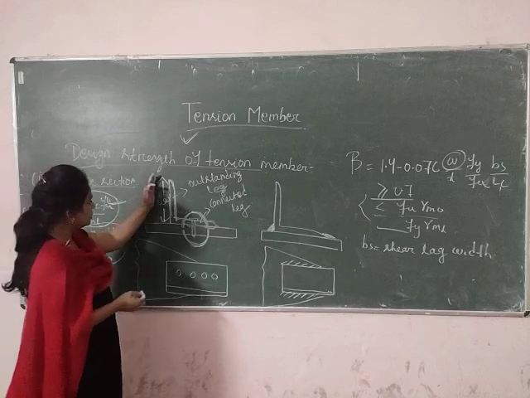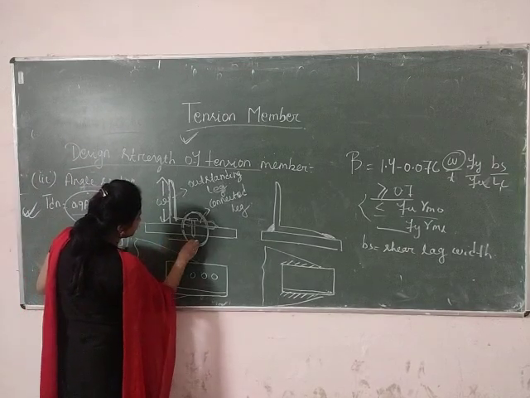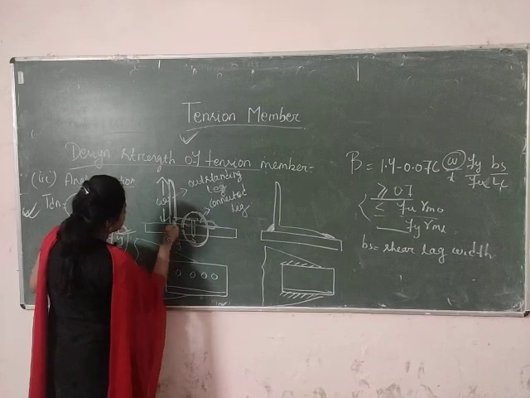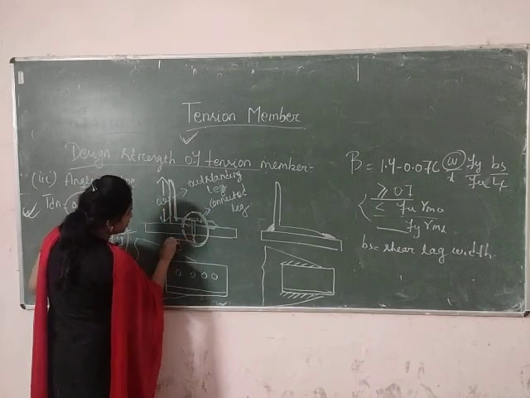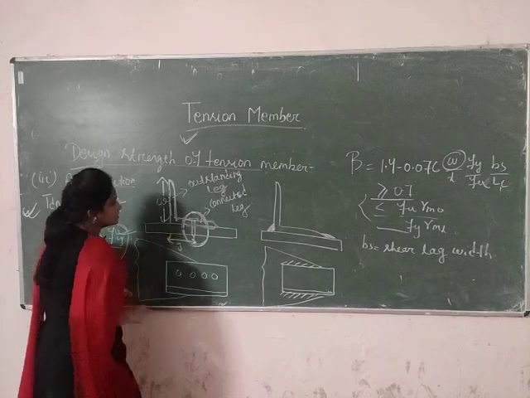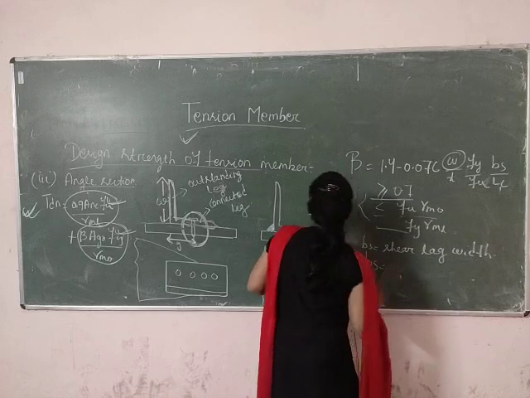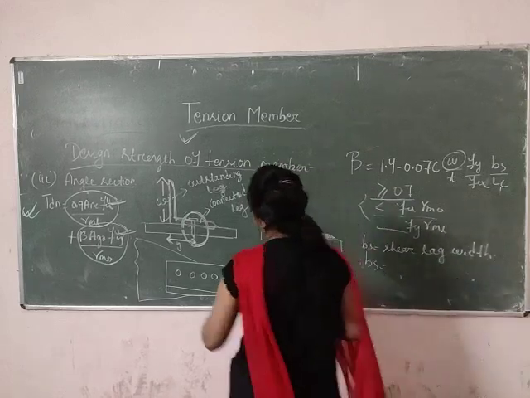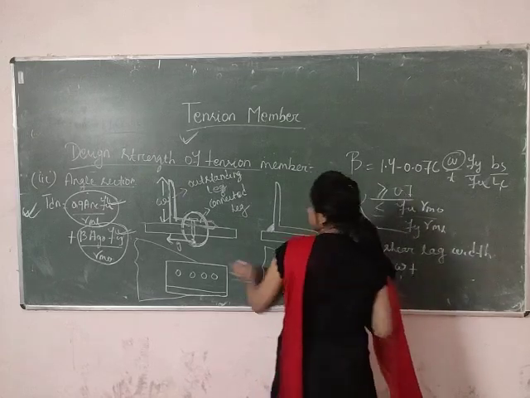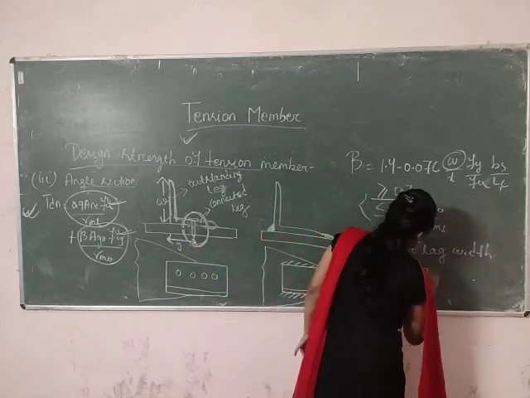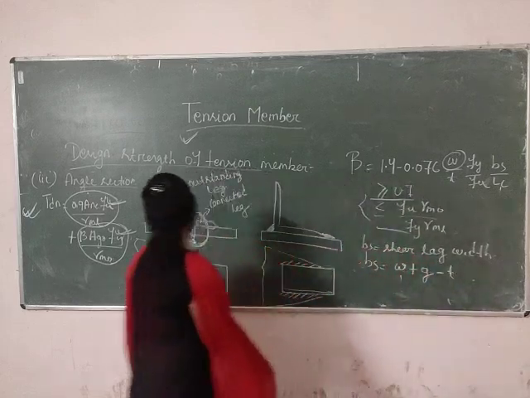That means here W, and if this is the gauge distance, from this edge of the outstanding leg to the center of the bolt, then the shear lag width can be calculated by W plus G minus T.